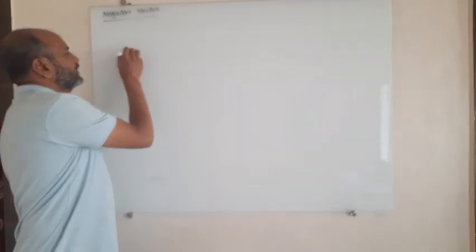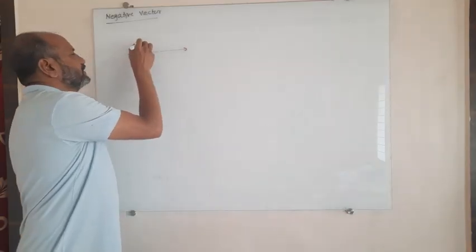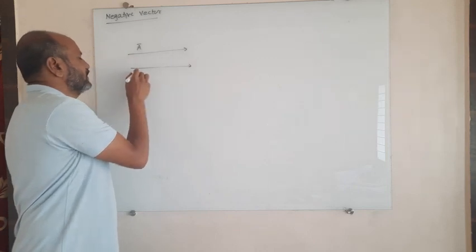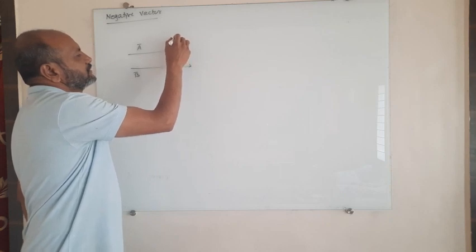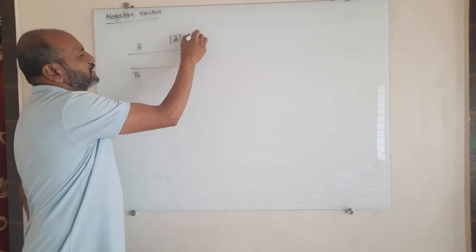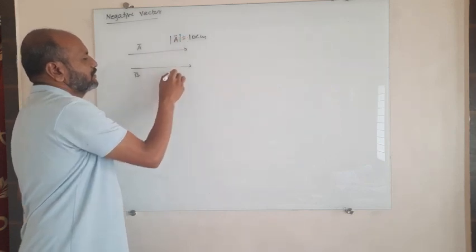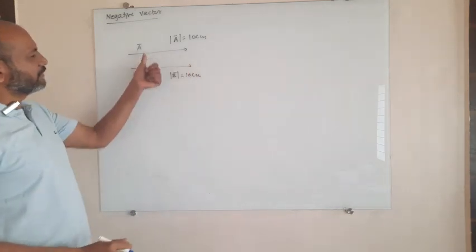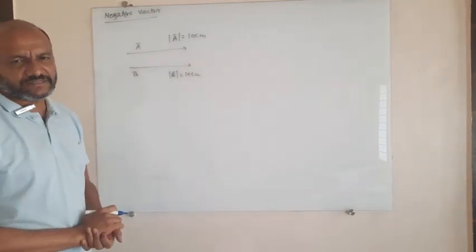Consider we have two vectors a bar and b bar. Mod of a bar is equal to 10 centimeter, mod of b bar is equal to 10 centimeter. Both have the same magnitude and same direction, therefore they are equal vectors.